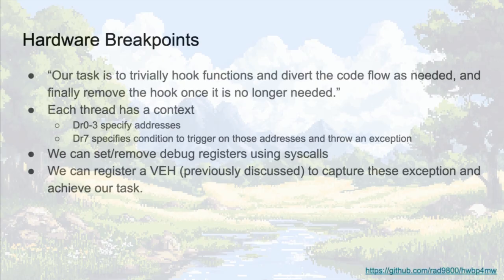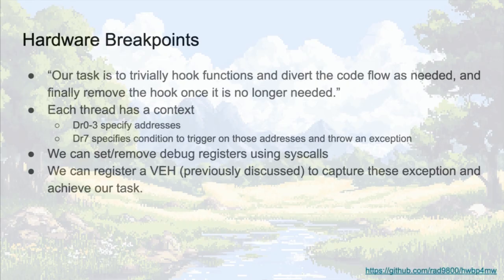So our task is to trivially hook functions, and we want to divert the code flow as we want. What we don't want to do is patch the memory with jumps or other ways in memory. So we don't really want to do in-memory patches. What you really need to know for the rest of this is each thread has its own context, and this context is essentially a snapshot of all of these registers.